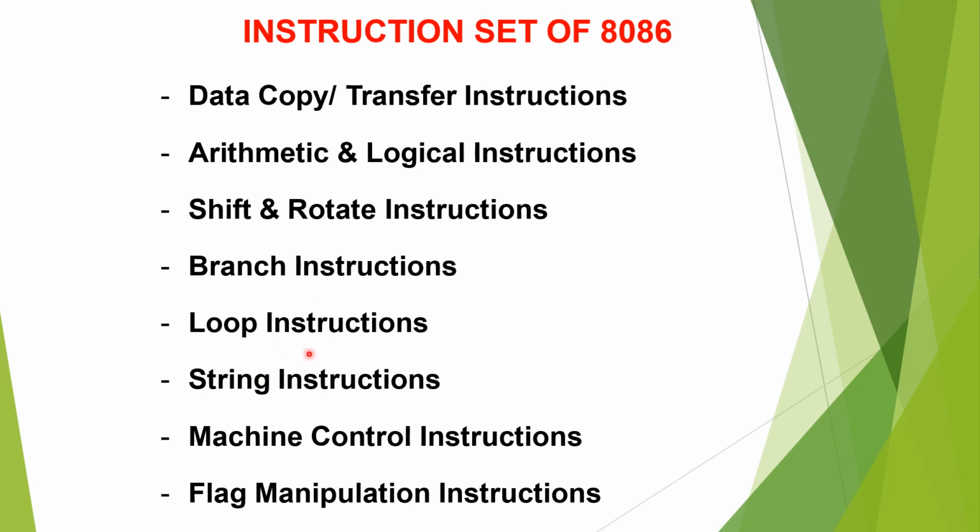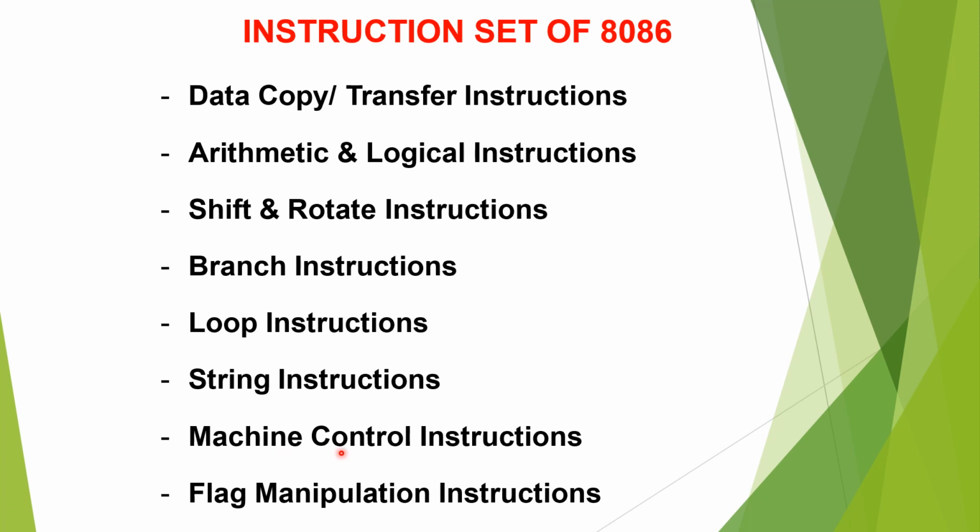Looping instruction is used for looping for a specific number of iterations, or to loop to another subroutine when a specific condition is met. And string instructions play a key role when we are dealing with strings, like string compare and copy strings, and so on.